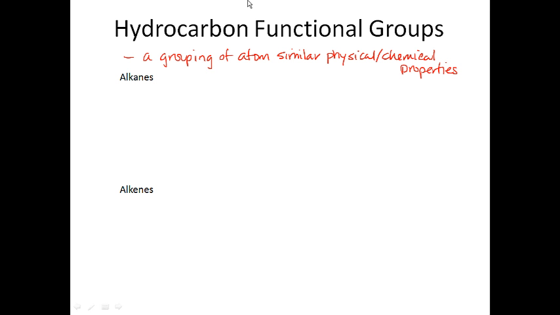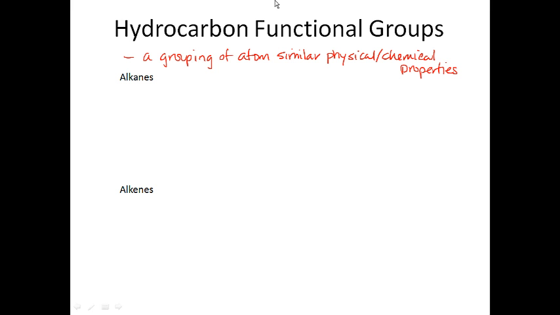What we find is that the groupings of atoms called functional groups have similar reactivity, so if we know how a functional group reacts, most of the time it doesn't matter whether it's got 1 carbon or 2 carbons or 10 carbons or 100 carbons attached to it. That functional group acts roughly the same regardless of how big the molecule is. That's not always the case, but it does help us organize organic chemistry.